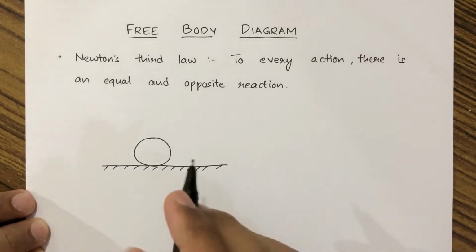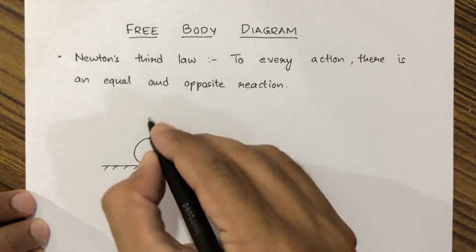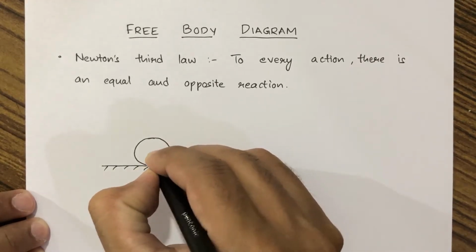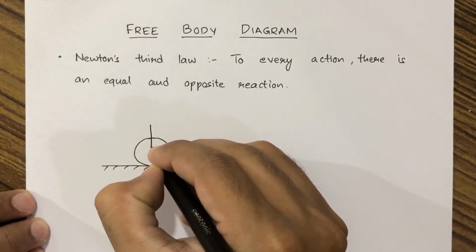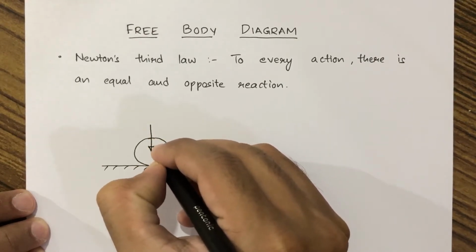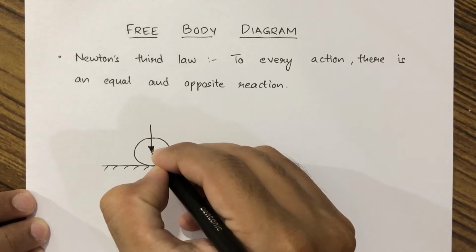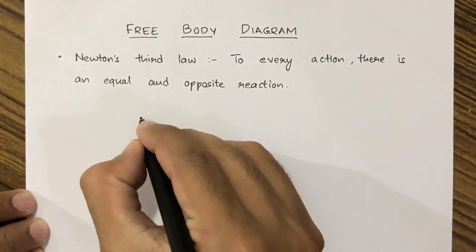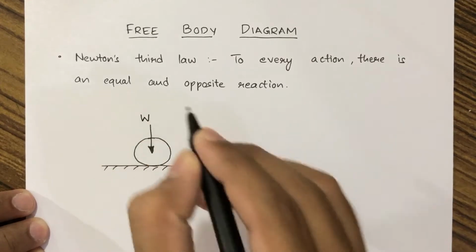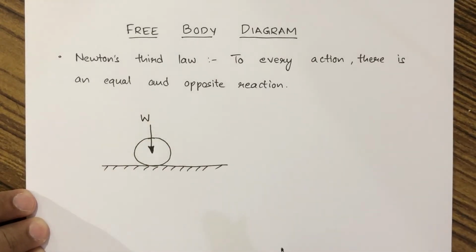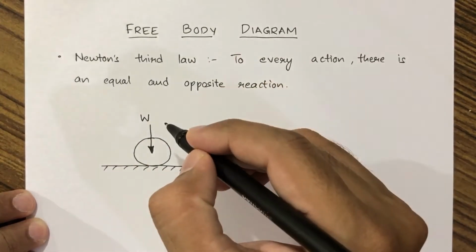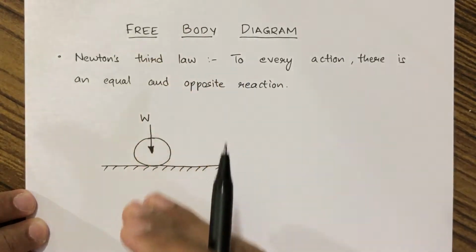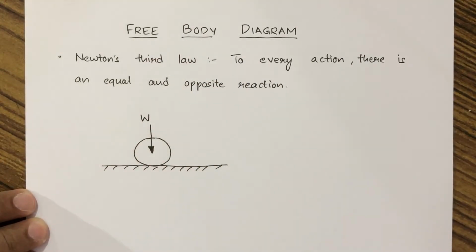Hence, the ball will exert a force vertically downwards along its center. This is the force that it will exert vertically downwards, and this force is called the weight W of the ball. This weight W will always act under the action of gravity.